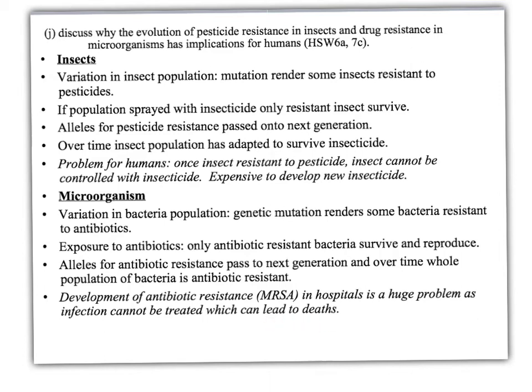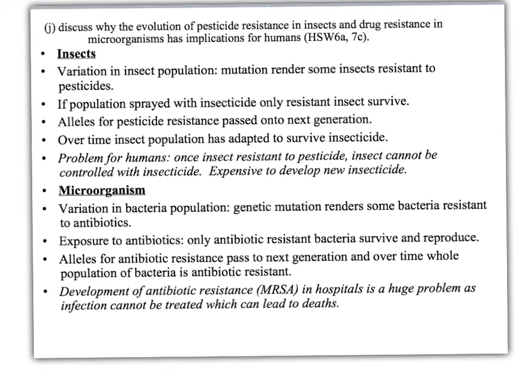But I'll first of all look at the mechanisms by which insects become resistant to pesticides, and also how bacteria become resistant to antibiotics. So moving down, first of all, got this animation here, which I shall talk you through.